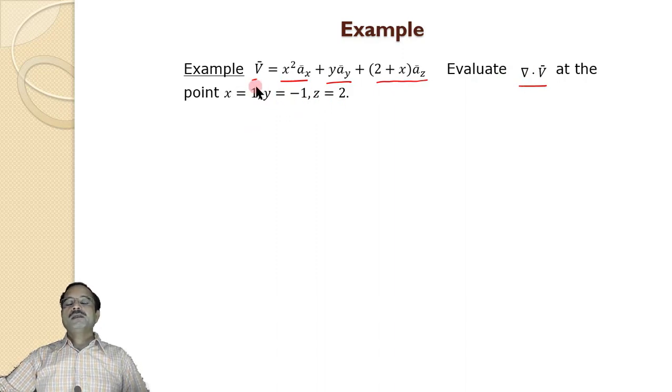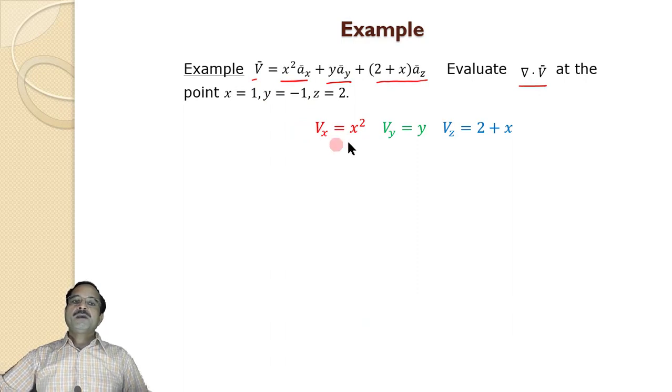Since the vector field V is given in Cartesian coordinates, let us use the equations for Cartesian coordinates. The x component Vx is x squared, the y component Vy is y, and the z component Vz is 2 plus x.